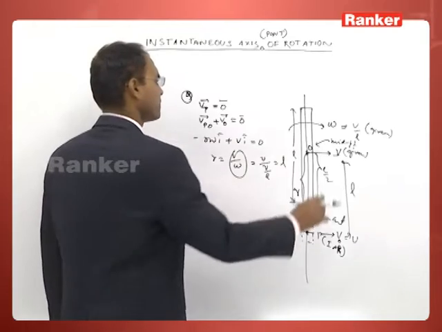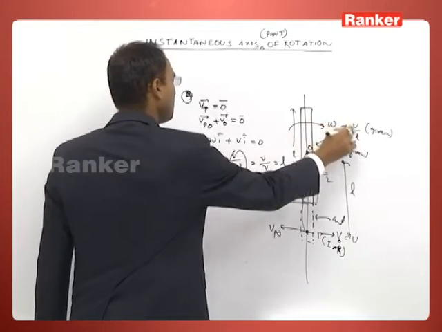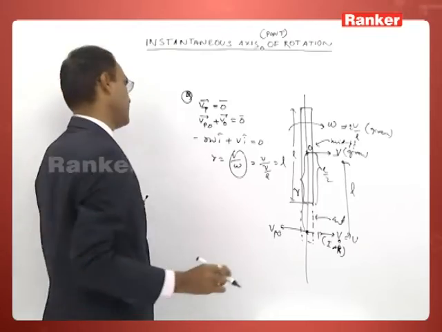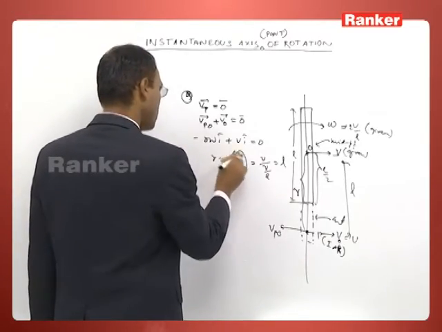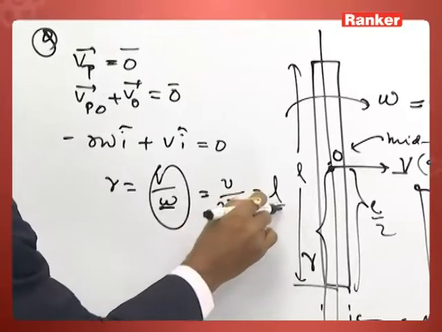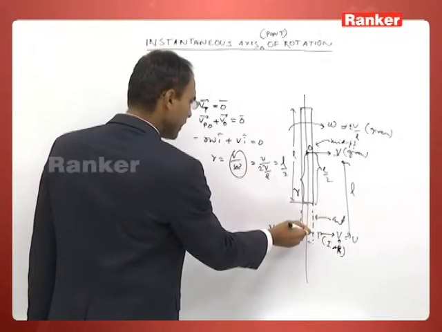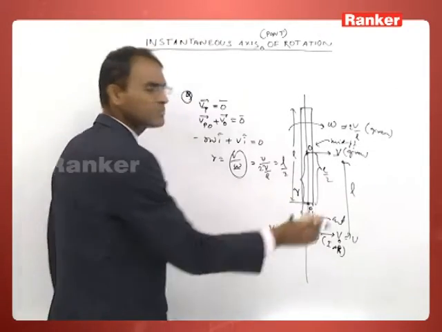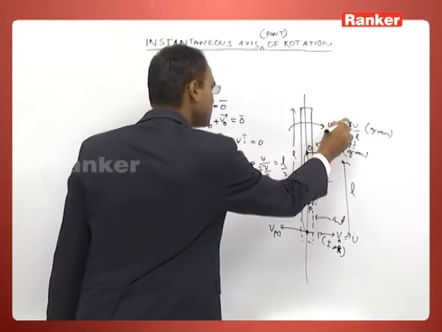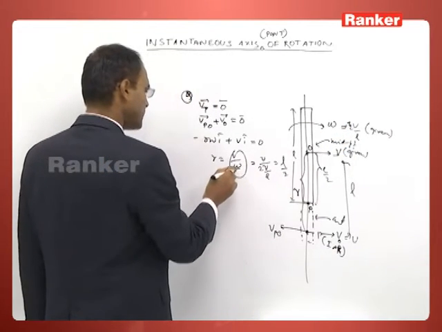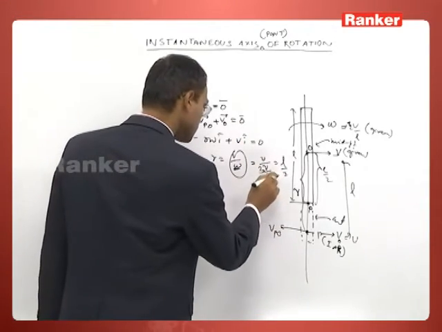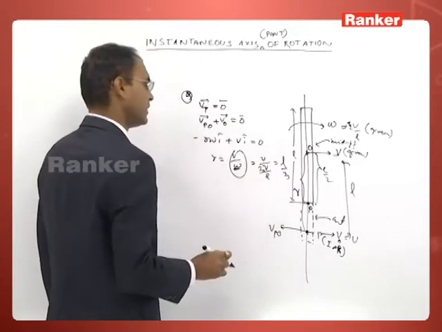If you take, instead of V by L, 2V by L, let us see. If you take 2V by L, substitute omega as 2V by L. So, you are getting L by 2. The instant axis of rotation P will be shifted to this point. If you take 3V by L instead of omega, the instant axis of rotation will be shifted L by 3.